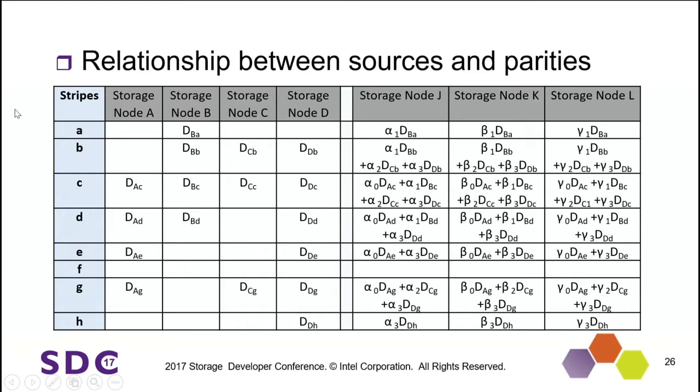For stripe A and stripe H, since there is only 1 block in the stripe, you can treat them as the replica method, or also treat them as erasure code 1 plus 3. As time goes by, the user continues to use this volume until the volume's blocks are full of data. The volume will be full of erasure code 4 plus 3, so the volume is totally a 4 plus 3 erasure code.